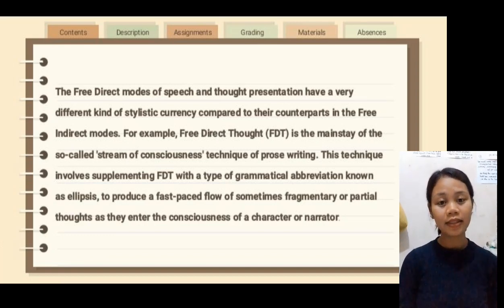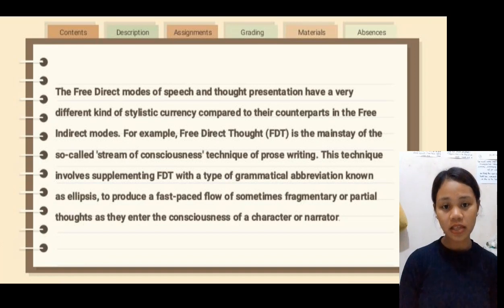So, direct discourse presentation, or especially free direct thought or FDT, is a stylistic technique in writing that differs from the free indirect modes. This is commonly used in the stream of consciousness method of prose writing.